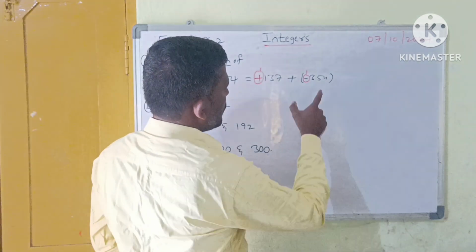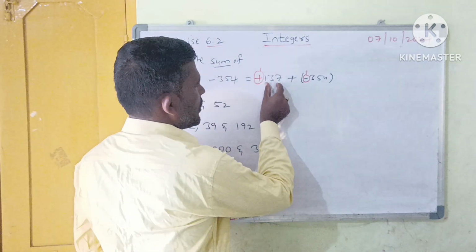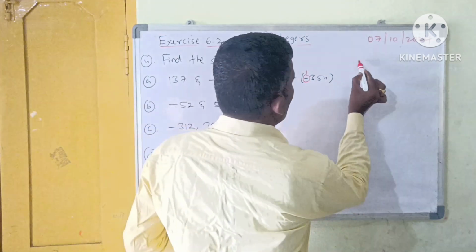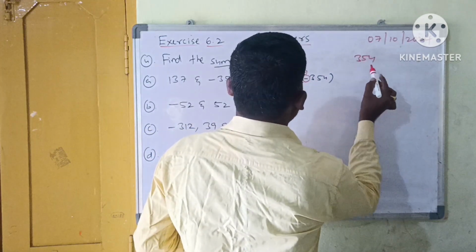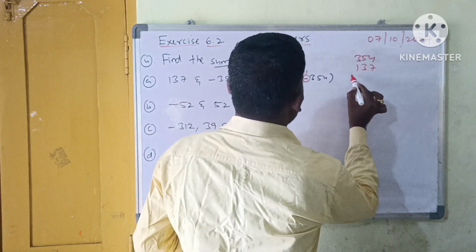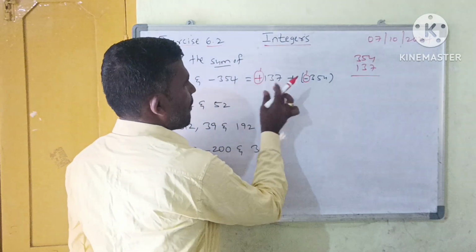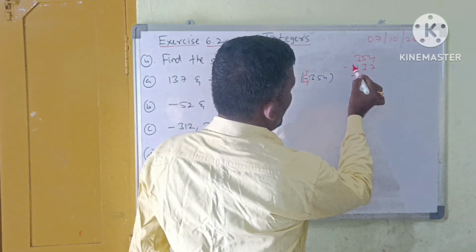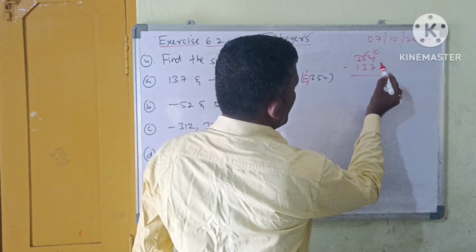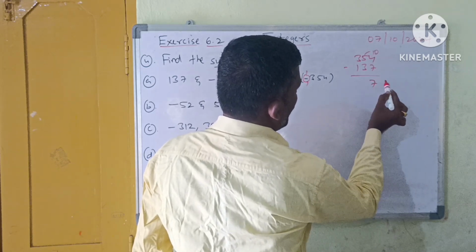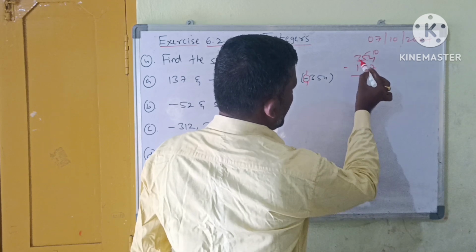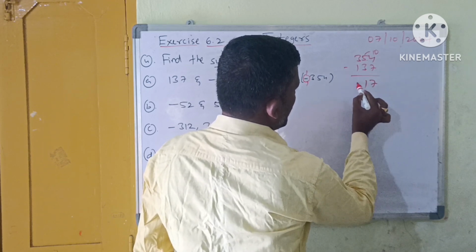When you have opposite signs, you have to subtract the numbers. So subtract means here 354, here 137. 354 is bigger, here smaller. So I am taking 354 minus 137 and subtracting. Here 4 minus 7 is not possible, so taking a borrow, 14 minus 7 is 7. Here 4 minus 3 is 1. Here 3 minus 1 is 2.